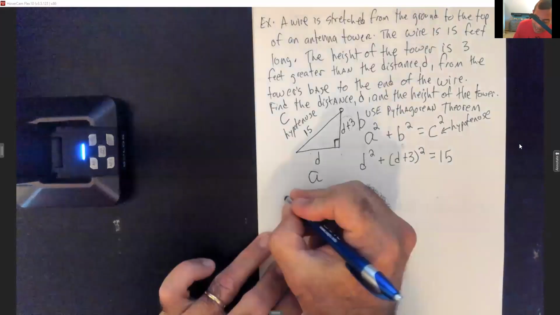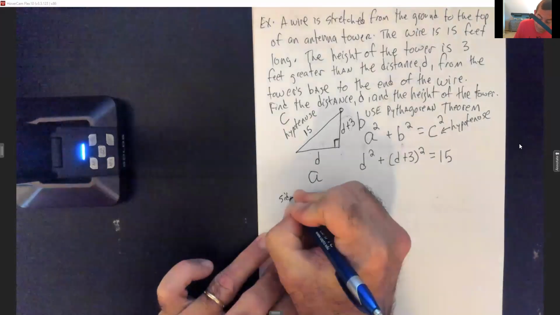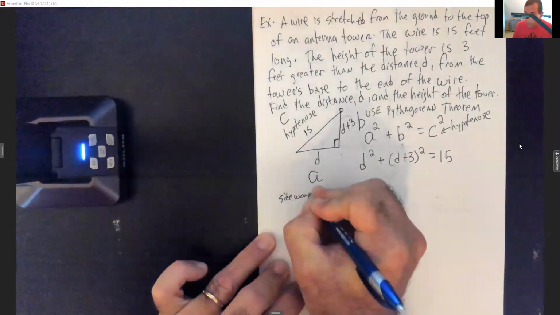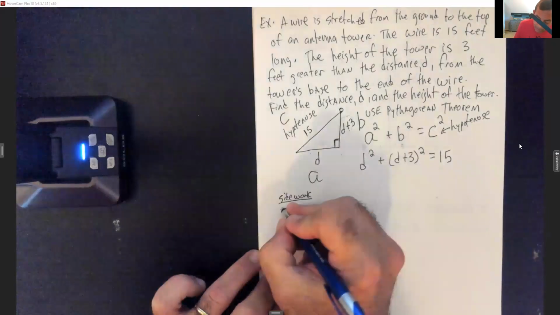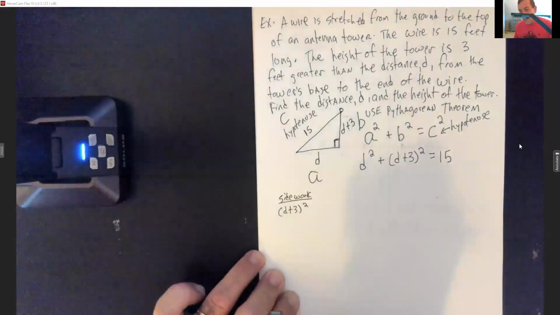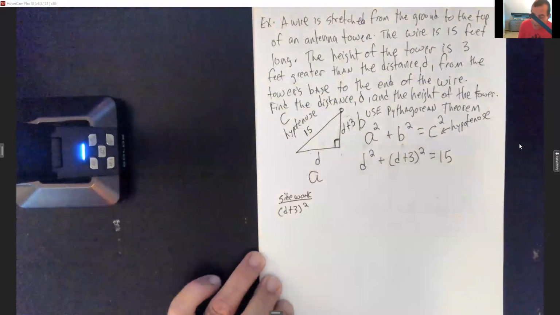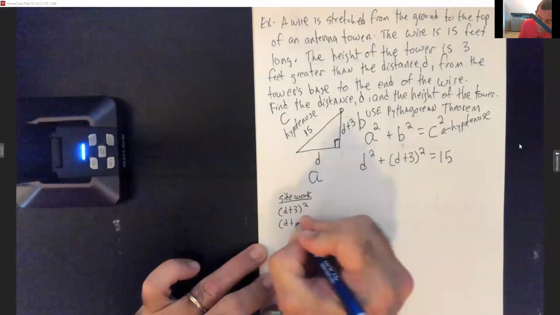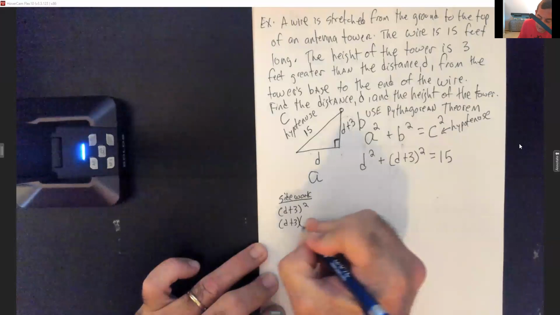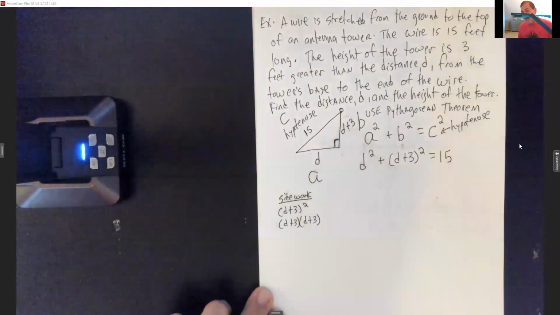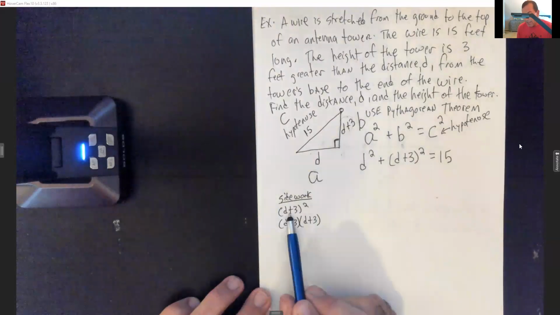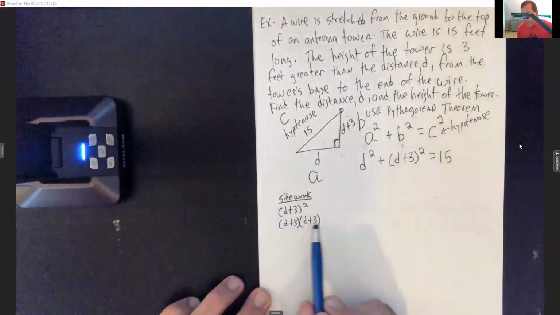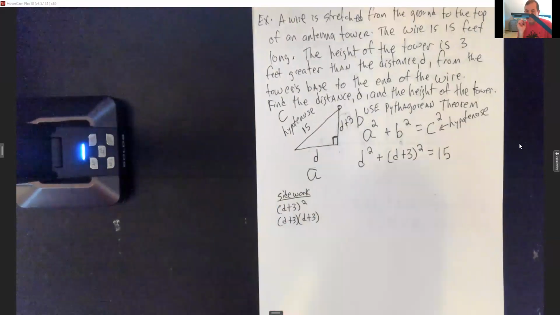So on the side here, side work, let's figure out what d plus 3 squared is. So d plus 3 squared will be d plus 3 times d plus 3. Anytime you got an exponent sitting behind parentheses like this, you got to write it out as many times as the exponent says.